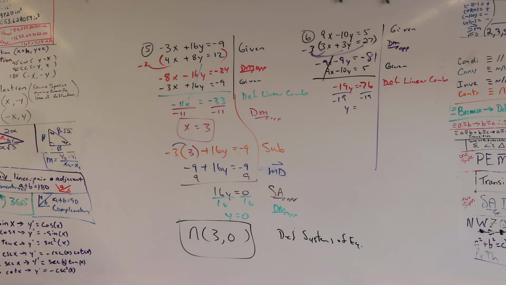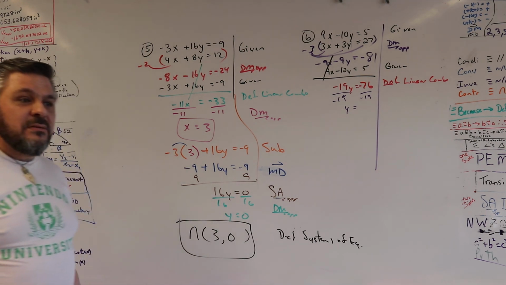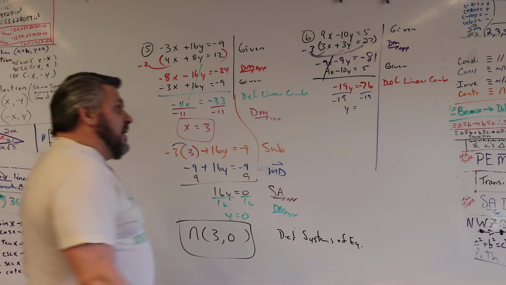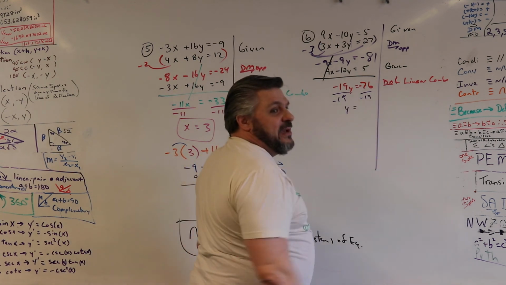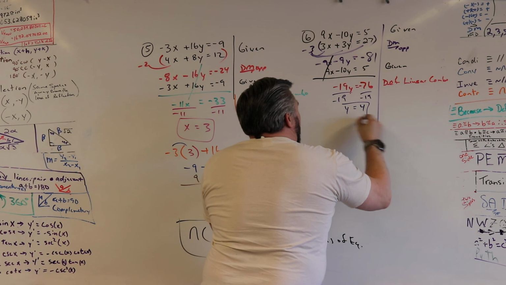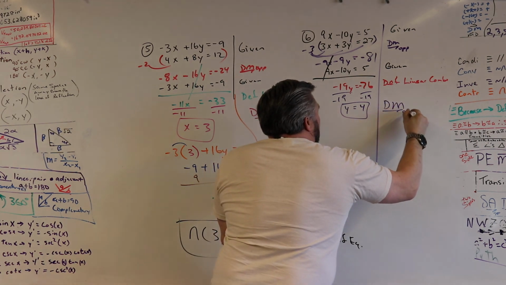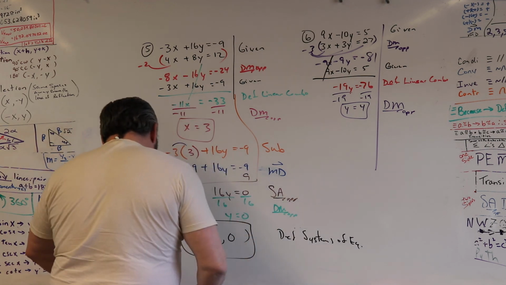What's that, 4 times? What is that, y? Should be 4 times. What's 4 times 20? 80, right? But it's 1 away, so 4 away from 80 is 76. So there we go. So y is 4, right? And that's DM. Then we're going to substitute it in, right?